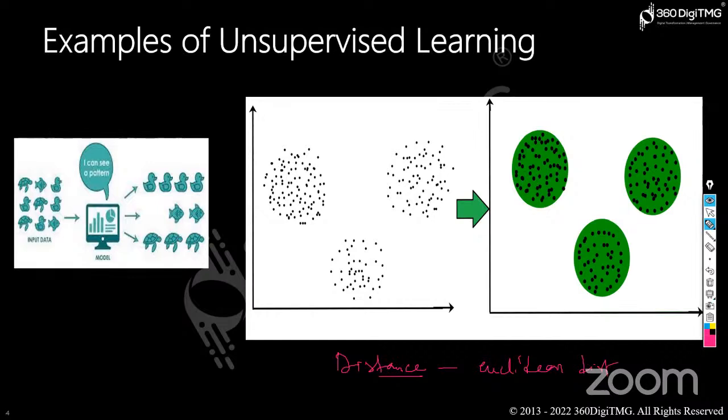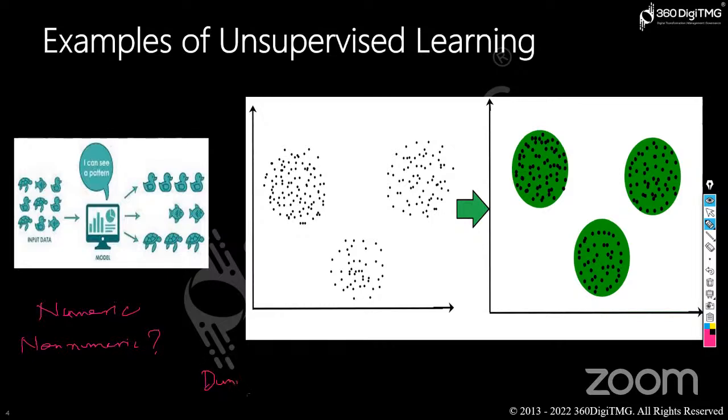Now you may have a question: hey, this distance can be applied only on numeric data. What if I have non-numeric data? If the data is non-numeric, then there's a concept called dummies, or dummy variable.